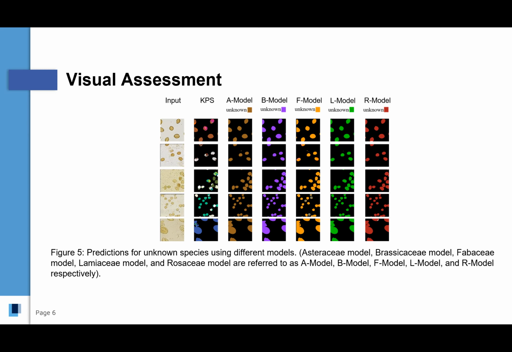We, however, observe that KPS segments unknown species as known types rather than the background. In contrast, each UKPS model appears to successfully segment unseen species into the appropriate unknown class.